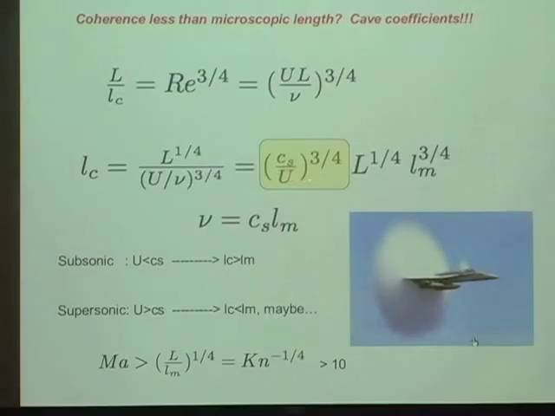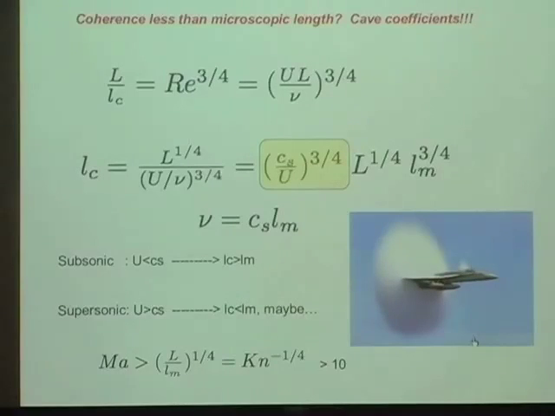Eventually, I'm sticking my neck out, if you really want to push it and say that you are a macroscopic object which is moving, say, 10 or 20 times faster than sound, I think this is artificial, but in principle, based on this equation, it's not impossible. Then eventually, the coherence length would become even smaller than the microscopic length.